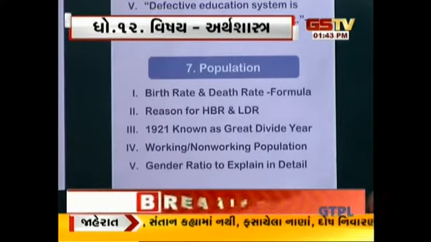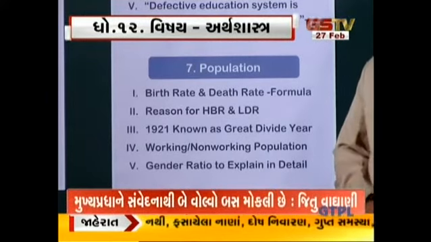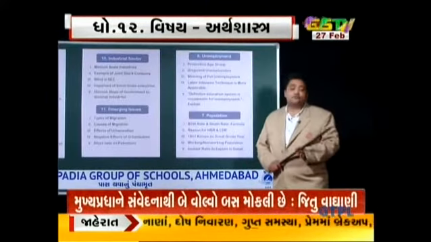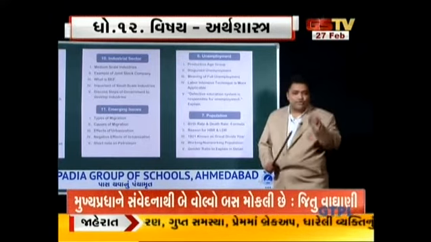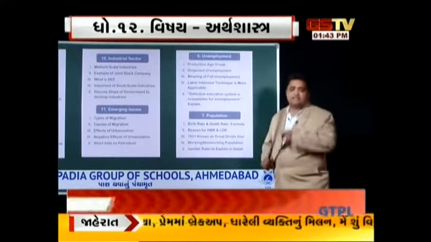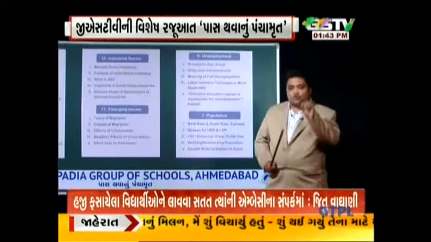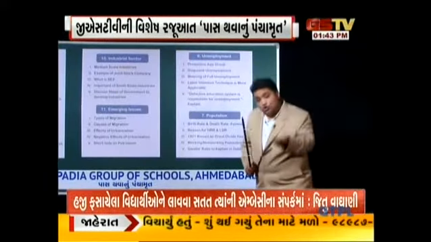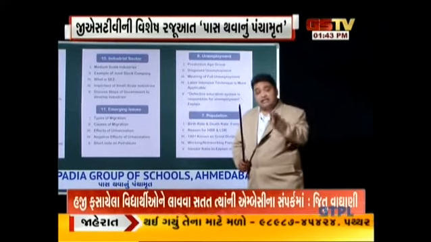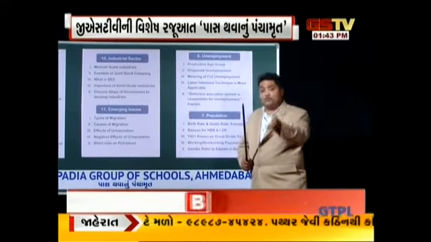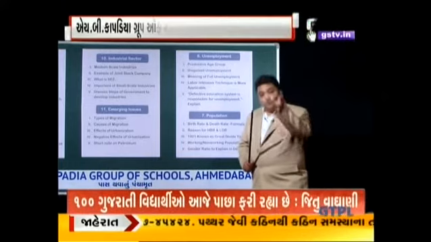The next is working, non-working population. Here also many a time students are very confused about what to write. There are so many figures given, and many times they also ask this in MCQ. So do not get confused. After all the chapters, summaries are given behind the chapter, and glossaries are given. You should go through that.